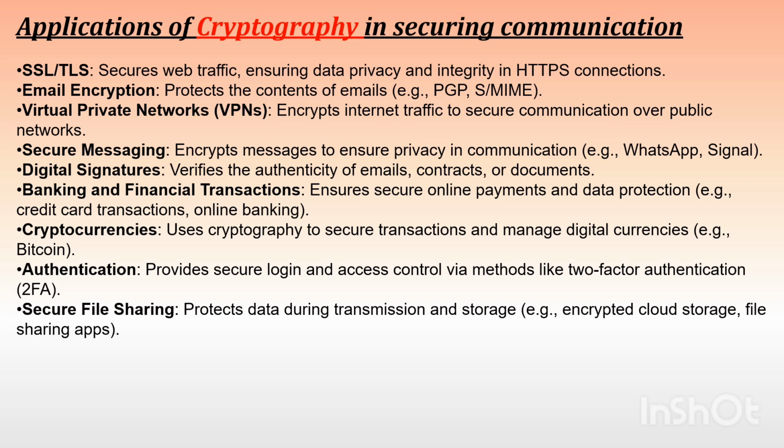It ensures secure payment and protection of the sensitive data of the user. Cryptocurrencies. Cryptocurrencies use cryptography for secure transactions and to manage digital currencies. For example, Bitcoin. Bitcoin is a cryptocurrency.